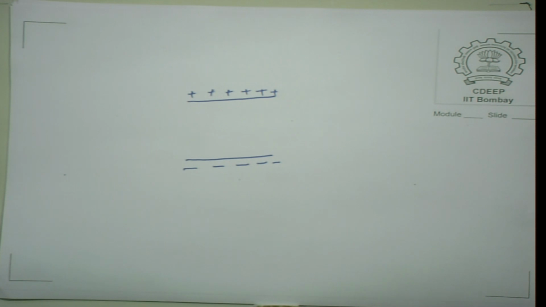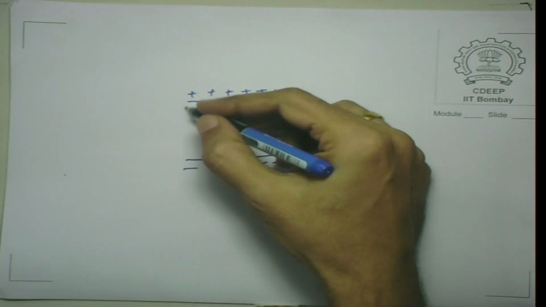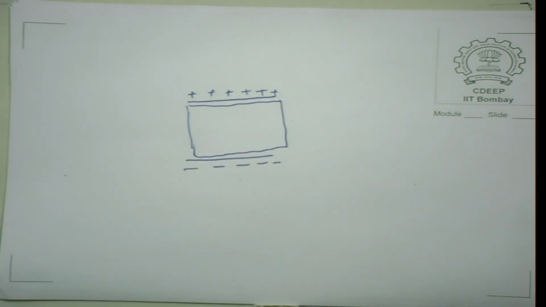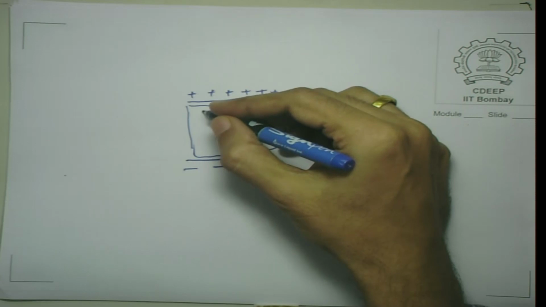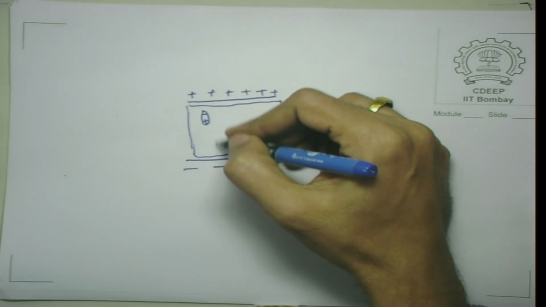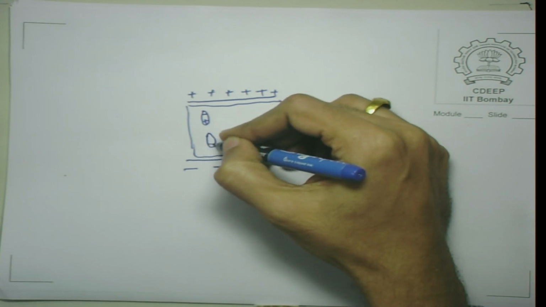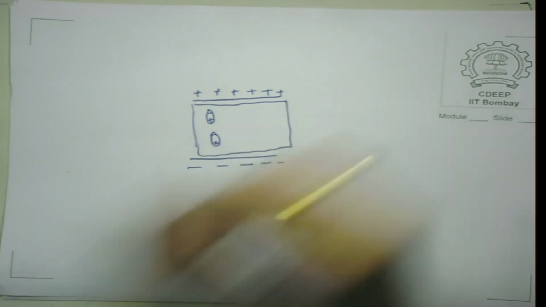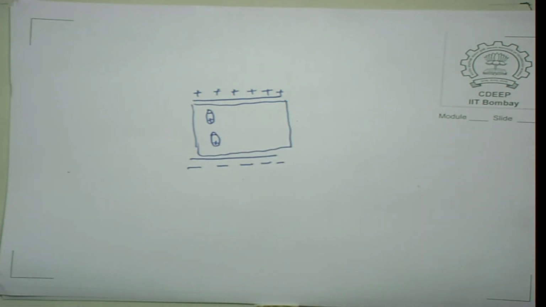But suppose instead I put a material inside which has atoms which in turn have charges, although the material overall is electrically neutral. The negative charges in the atom will get pulled towards the positive charge, and the positive charge gets pulled towards the negative charge. So, the material gets polarized.